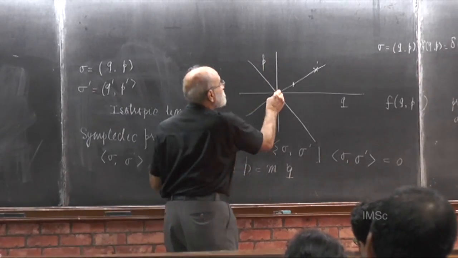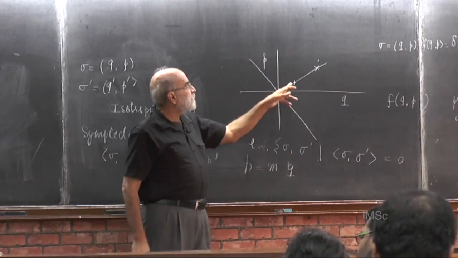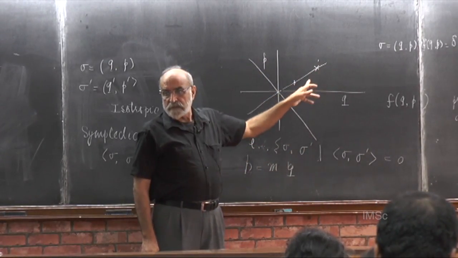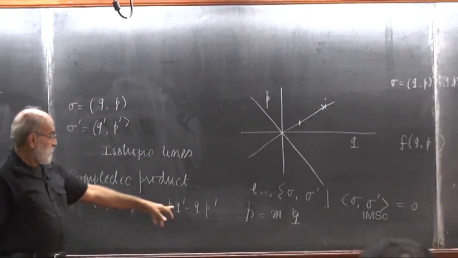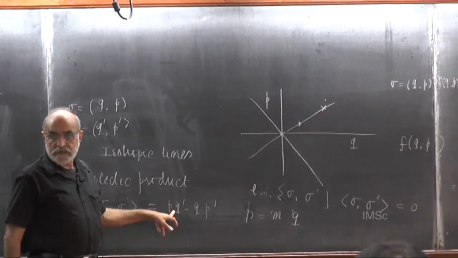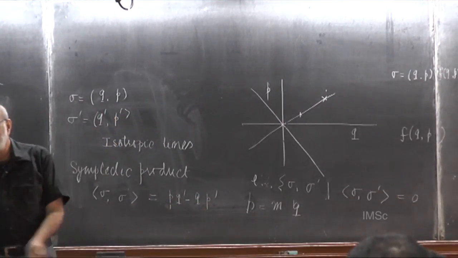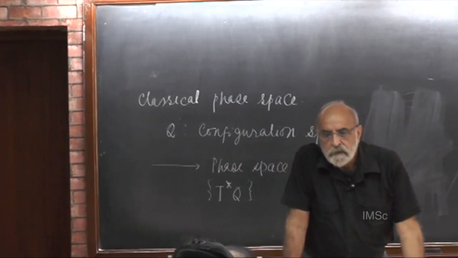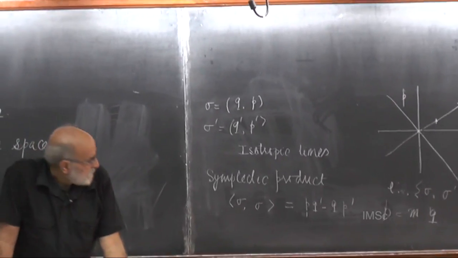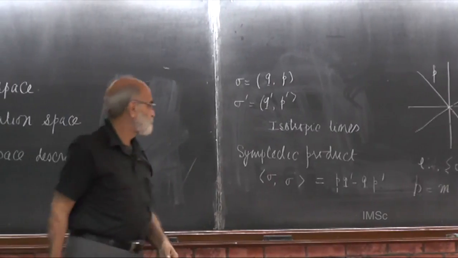So you can take the origin as one point, this is always 0. Now you take 2 points and set the symplectic product equal to 0, then you get a relation Q is proportional to P, which is the definition of a line. M would be P prime by Q prime. That's all that is.